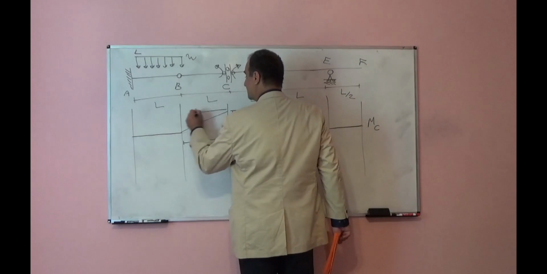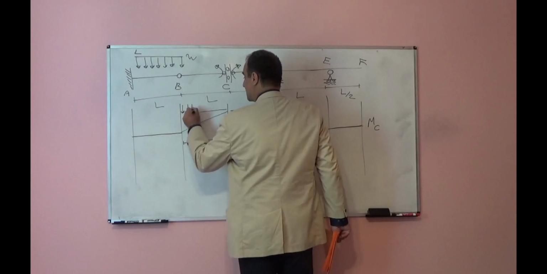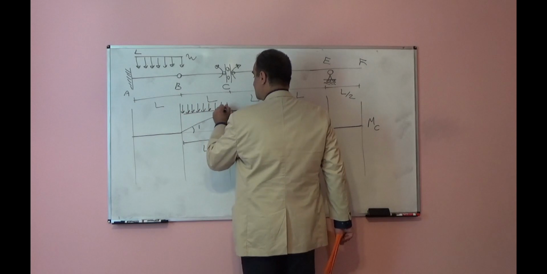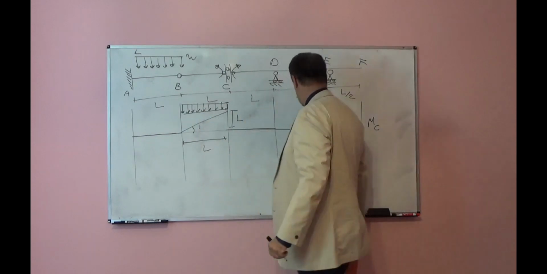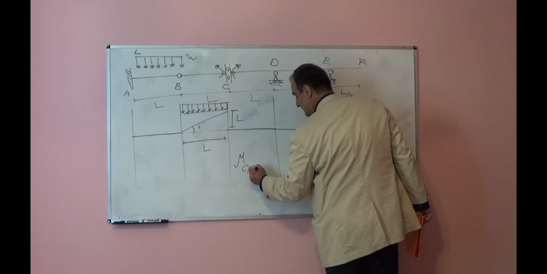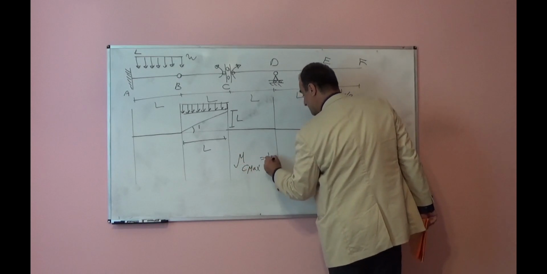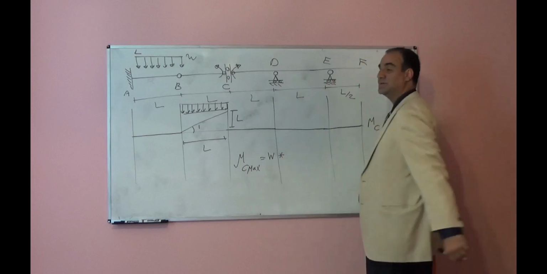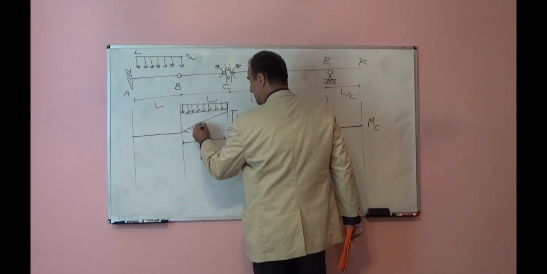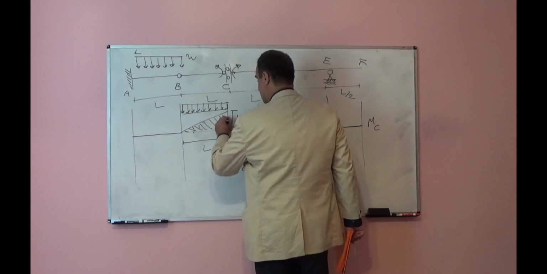If we put traveling load in the span of BC, in this span, the maximum moment at C will be intensity of that load times area underneath of that load in influence line. It means area for this triangle.